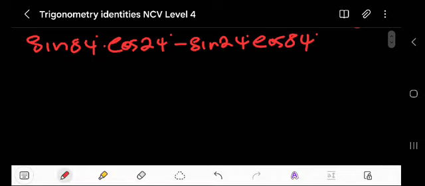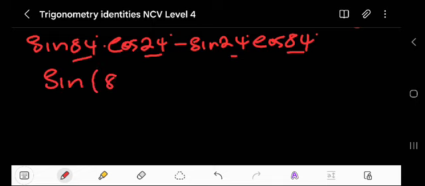So as you can see, guys, 84, 24, 24, this is a compound angle of sine. So this will simply equal sine of 84 degrees minus 24 degrees.